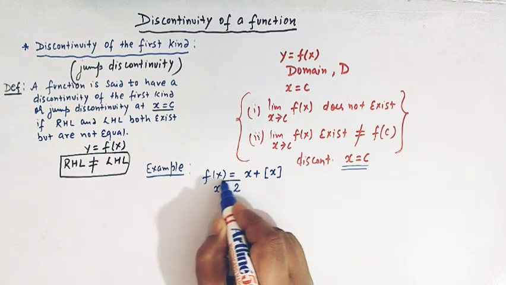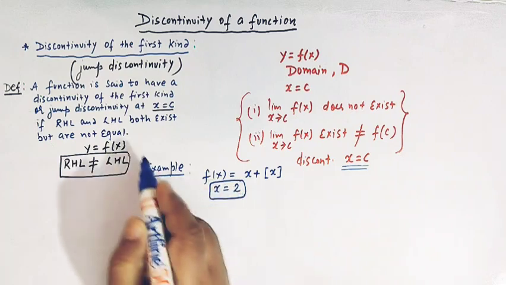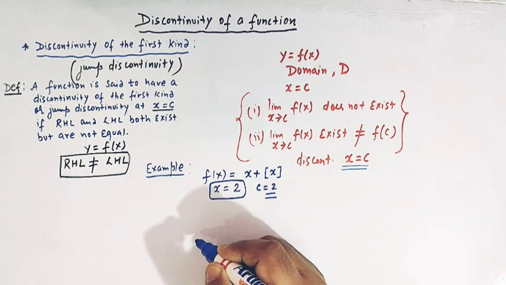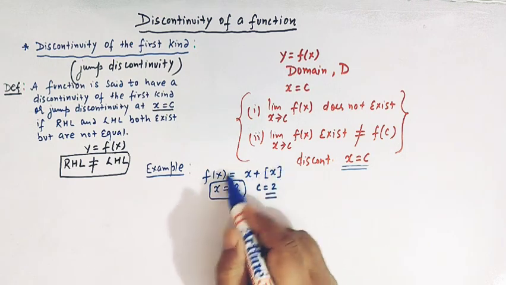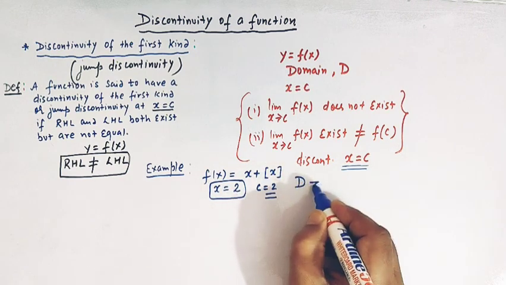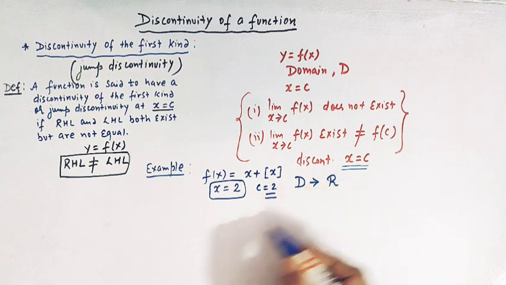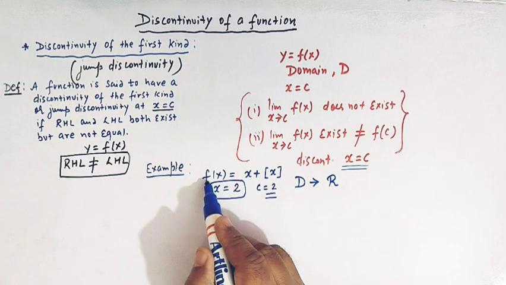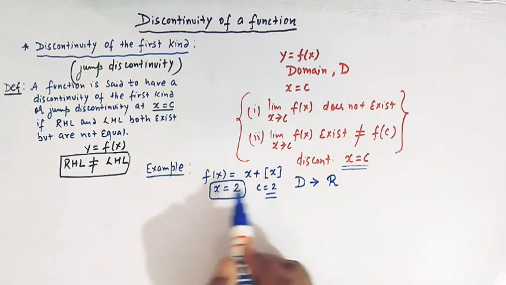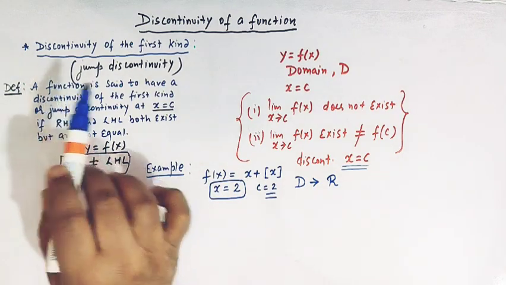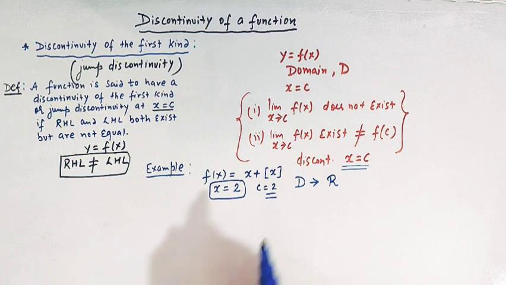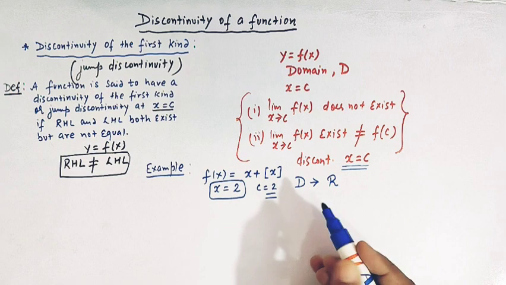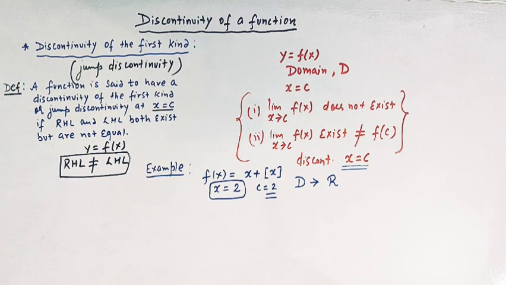Here we are taking x is equal to 2, it means the value of c is equal to 2, and the domain of this function is the set of all real numbers. We'll see that this function has a discontinuity of the first kind, or jump discontinuity, at x is equal to 2.